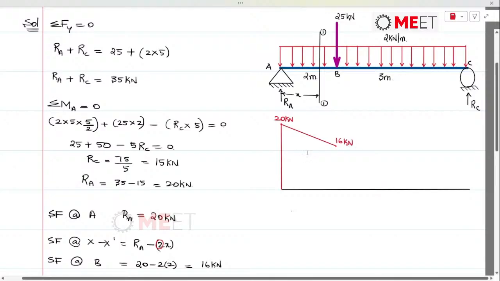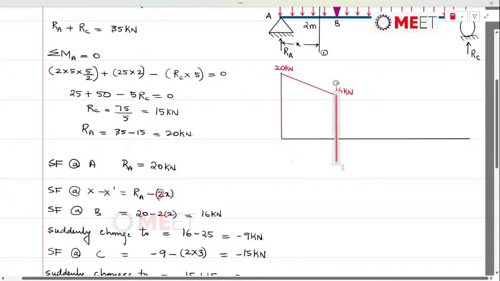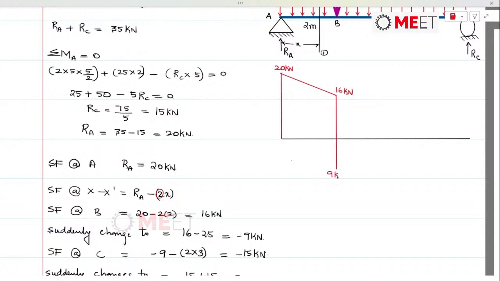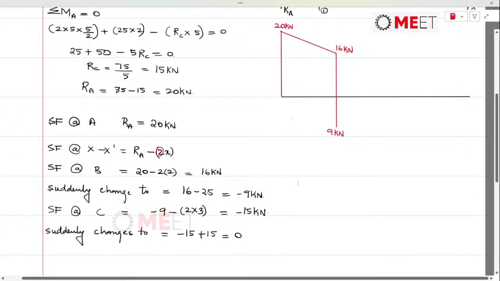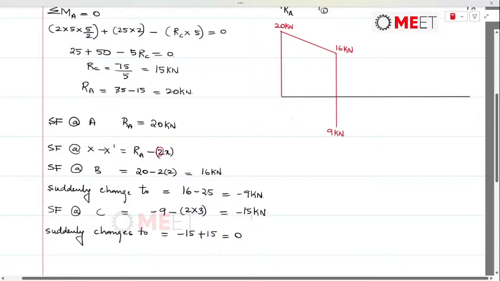Now at point B, there is a sudden drop in shear force because of the 25 kilonewton load, and that produces the transition in shear force sign, and it goes to minus 9 kilonewtons. And the same way, from the minus 9 kilonewtons up till point C, the shear force decreases to minus 15.